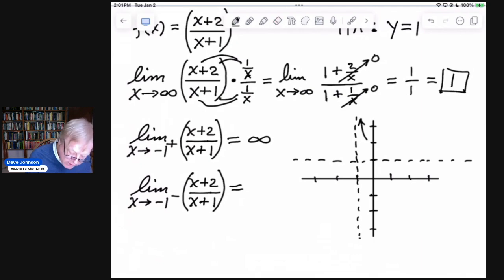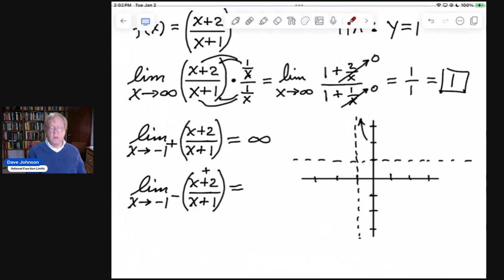Let's approach -1 from the left. Now, that doesn't change the numerator, because if you're approaching -1 from the left, the x plus 2 is still going to be positive. Let me put a little plus sign up here. But now, if you're approaching -1 from the left, x plus 1 is going to be approaching 0, but from smaller values of 0.